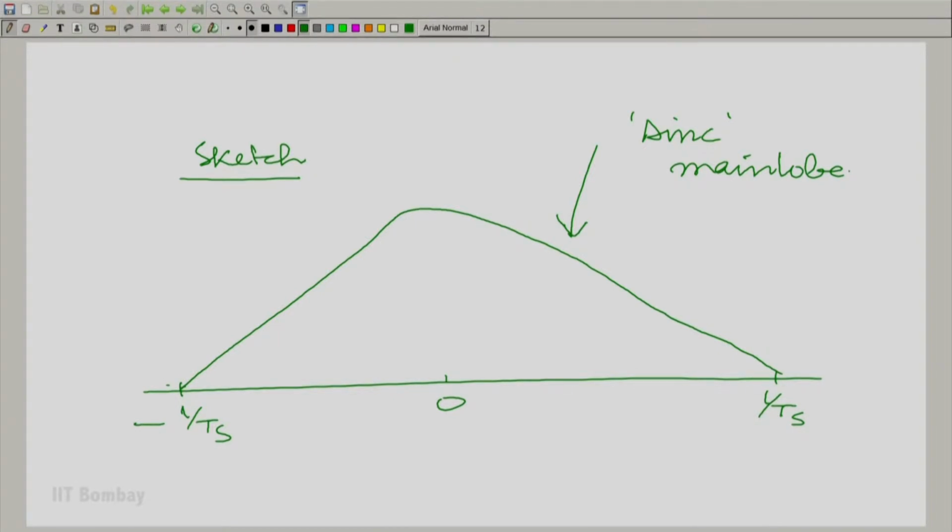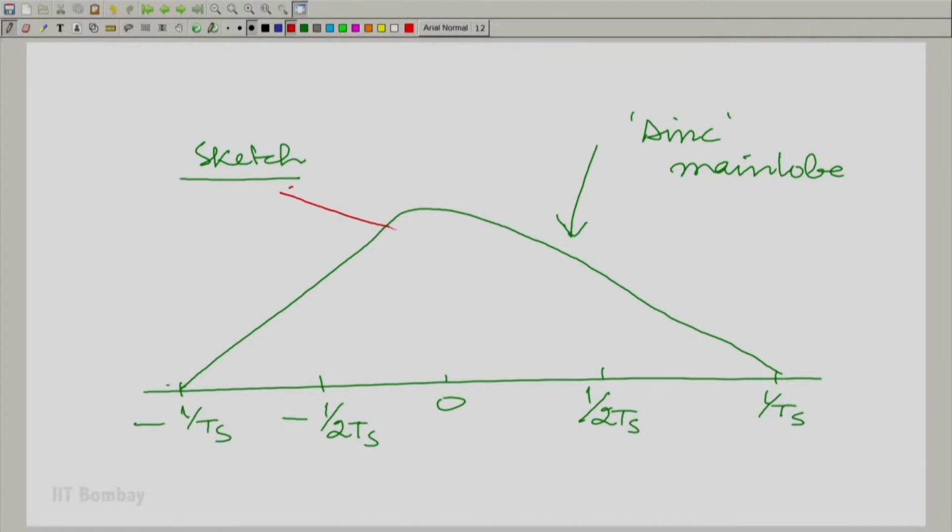So, the green spectrum is essentially the sinc main lobe corresponding to the hold, and we need the reciprocal only in the signal band, namely minus 1 by 2Ts to 1 by 2Ts, and that reciprocal would look something like this. It would take its minimum at 0, and at 0 of course it will have the value 1.